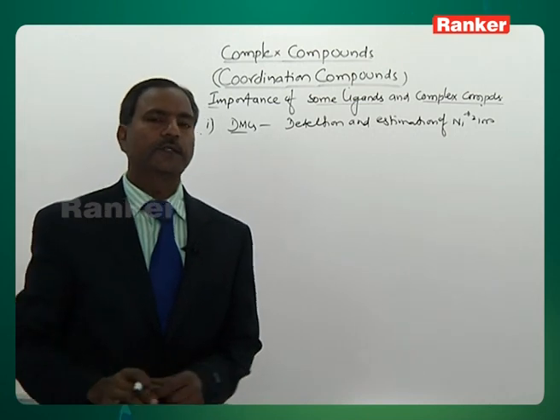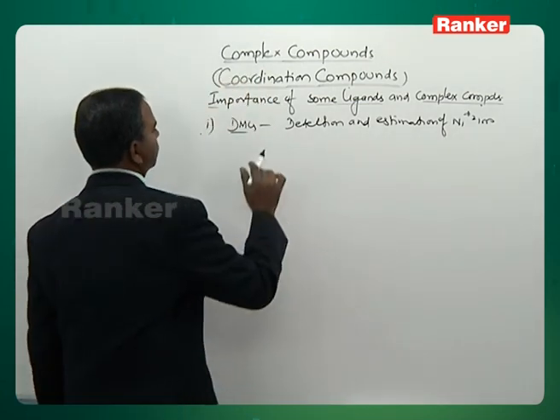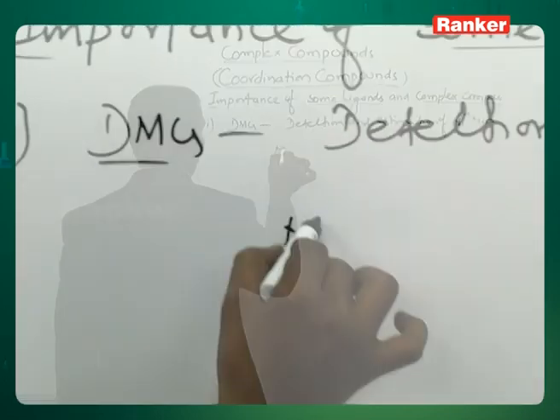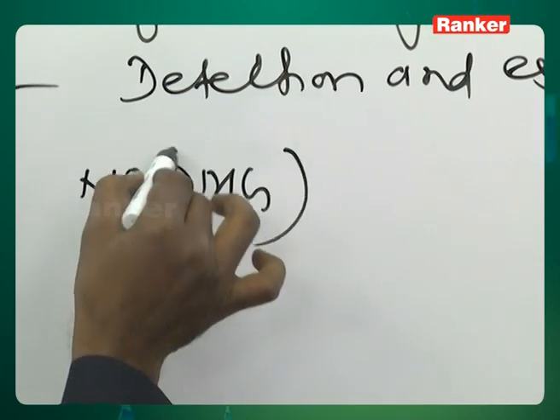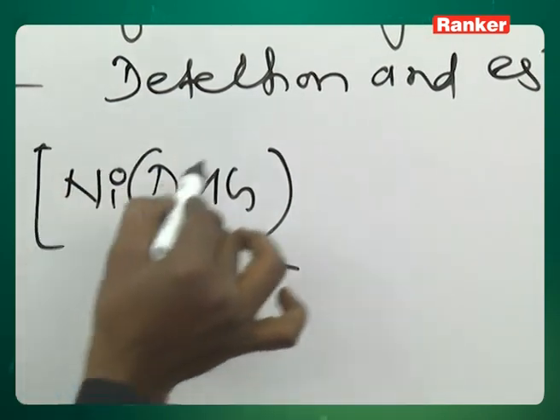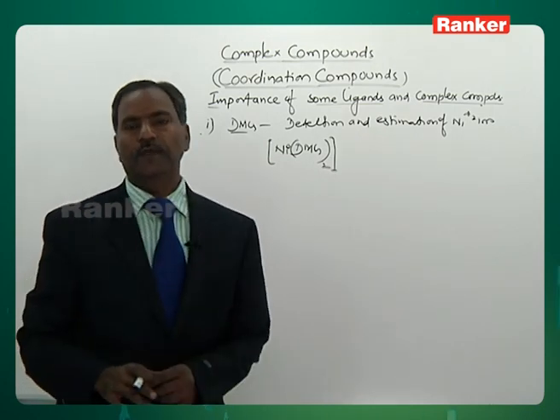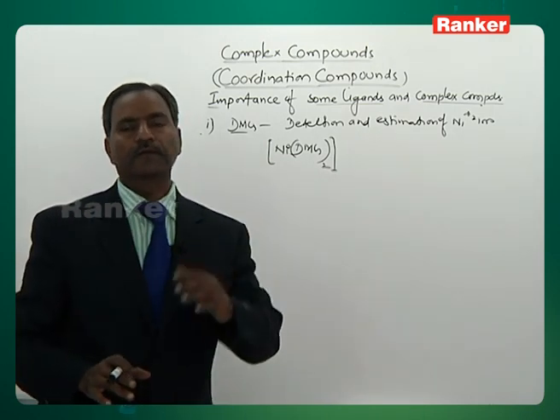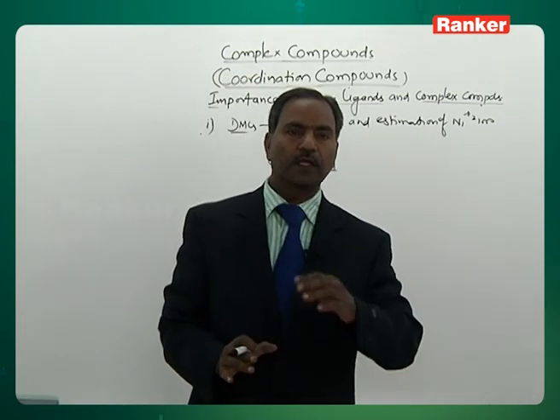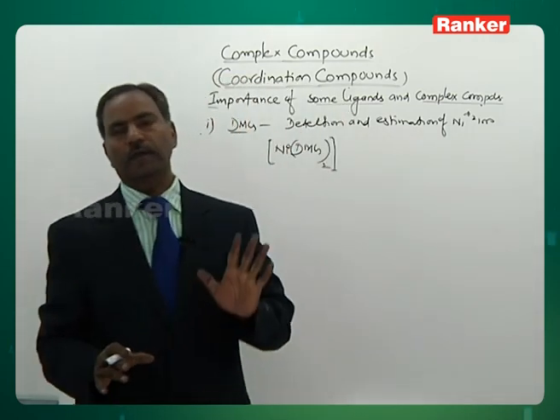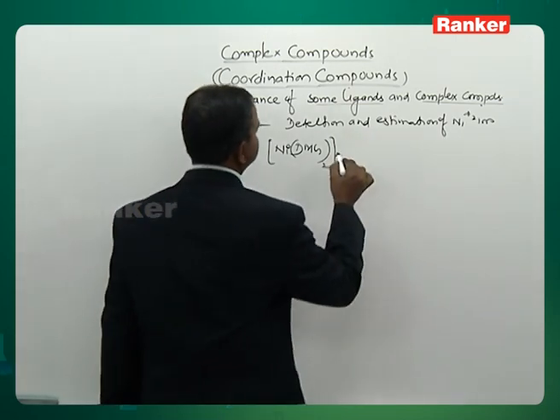Generally a nickel salt is converted into a nickel DMG complex. Many times questions appear on this: what is the hybridization of this complex, what is the geometry, and what is the color of this complex? That you have to remember. It's very, very important, the DMG ligand and the complex.